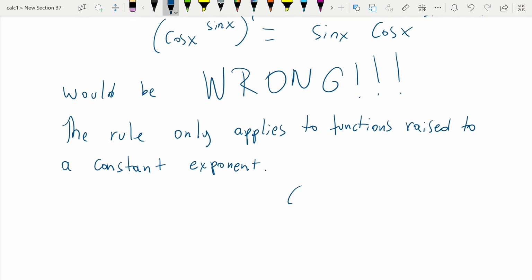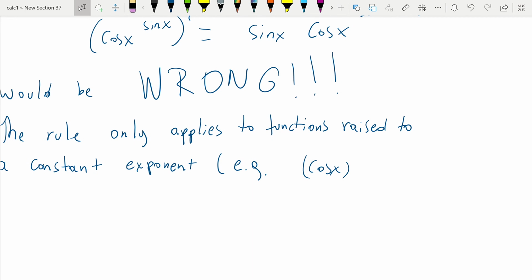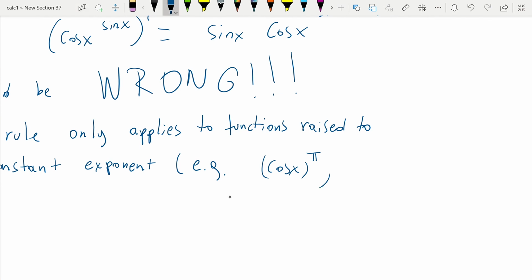So something of the form, for example, cosine of x, like what we did, cosine of x to, and it can be any power. So pi, for example, is acceptable. Pi is a number. It's not a function, so it does not depend on x. Now we can also apply it to, say, x cubed plus 2x plus 3 raised to the power 5.